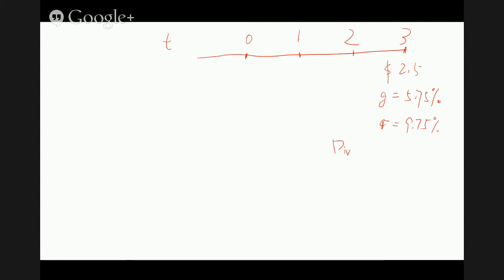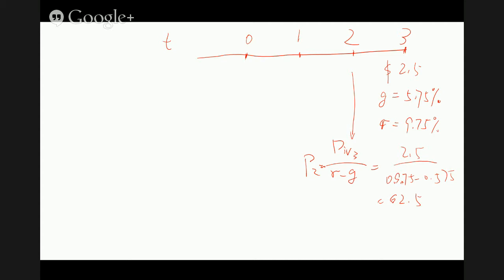So dividend 3 divided by R minus G. So this is P2. So this will be 2.5 divided by 0.0975 minus 0.0575. So this gives us the stock price for year 2. It's $62.5.